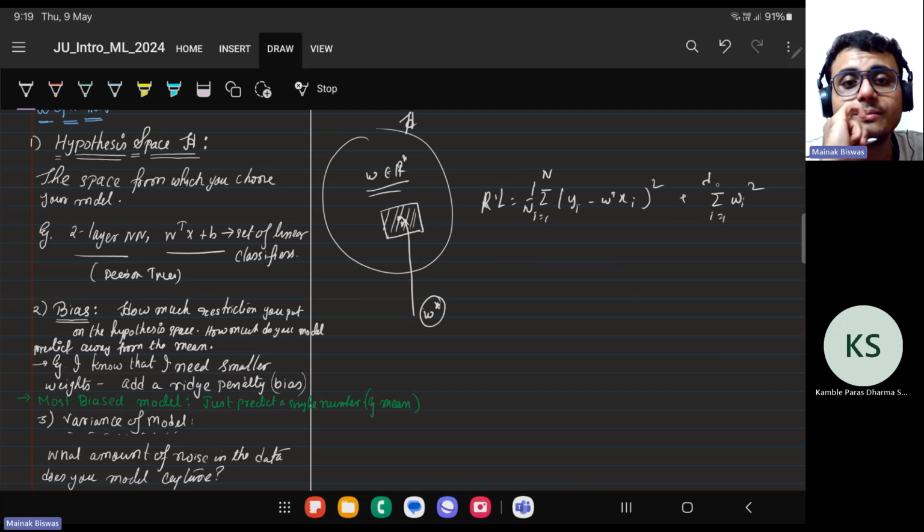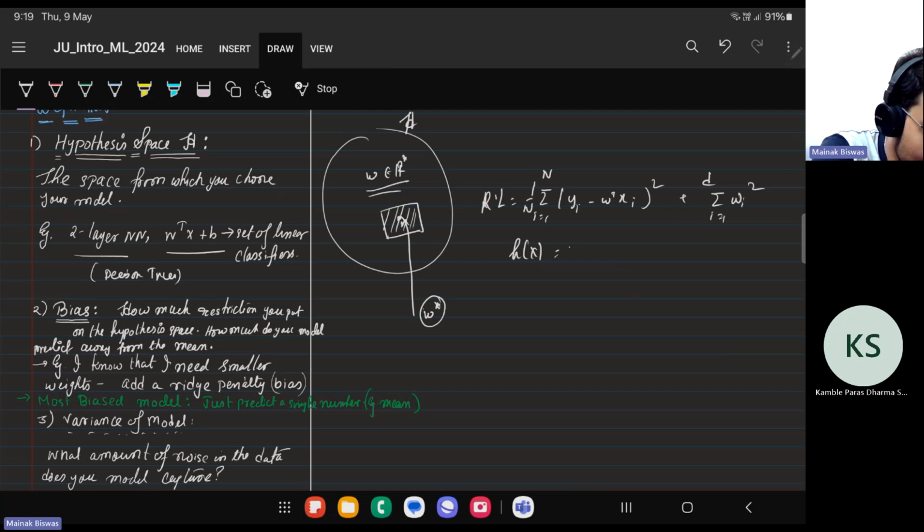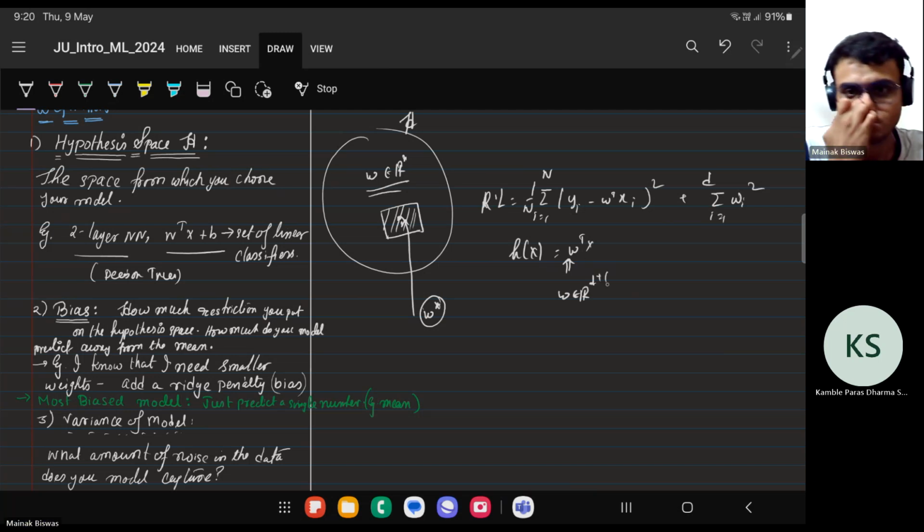So can you tell me what the hypothesis space is here? The hypothesis space is W transpose X. The W comprises the hypothesis space, all the d-dimensional vectors or d plus 1 dimensional vectors, right? Where 1 is the bias term, just fitting.